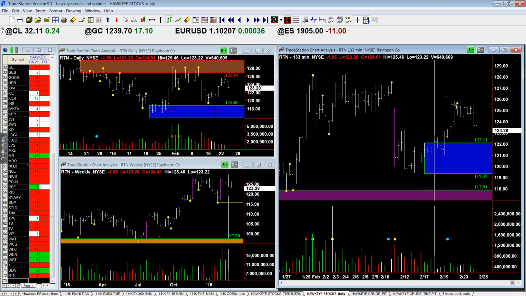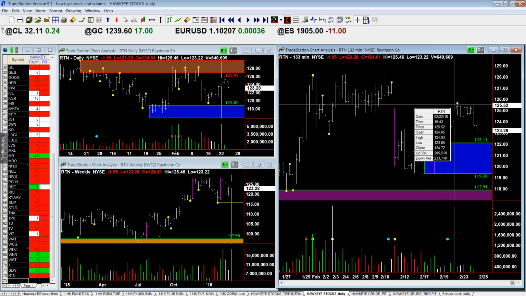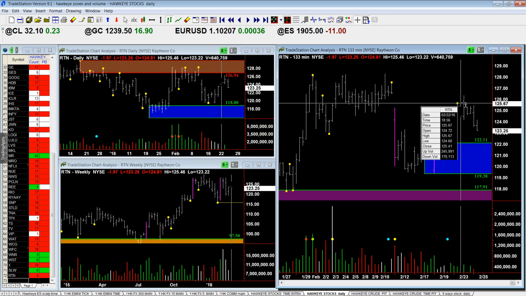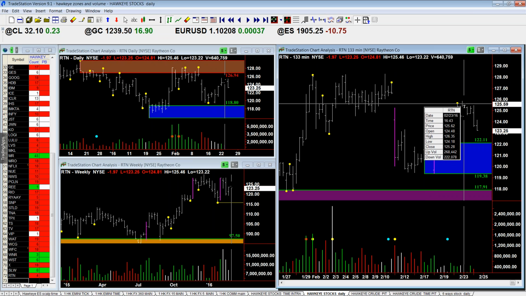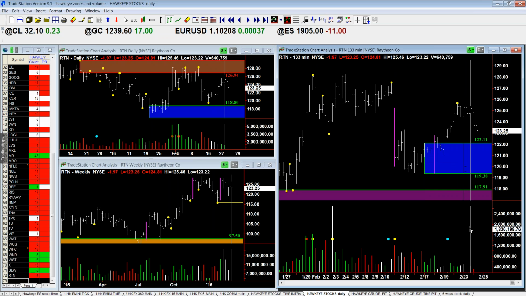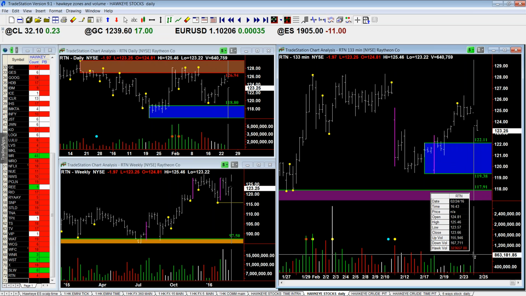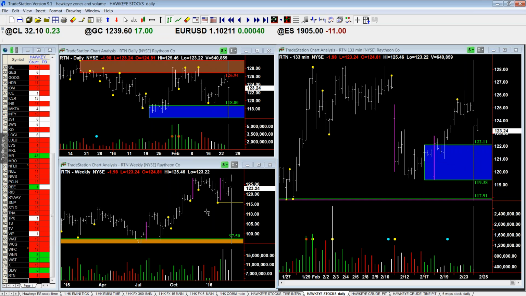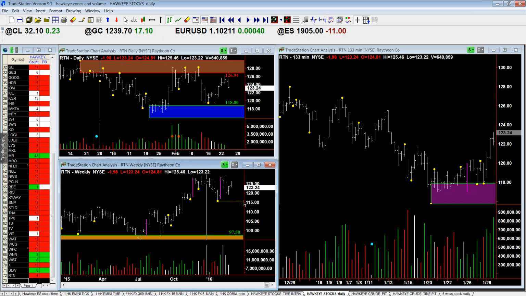So again, there is the pivot, and you can see that this high bar is still straddling it. As you were looking at it during the day, it went up through it, but closed back down under it. And now you can see that we've got some red volume that came in yesterday, pushing it down. I'd look to see what happens down here, and at this pivot low here. But at the moment, this is going to be pushed down.